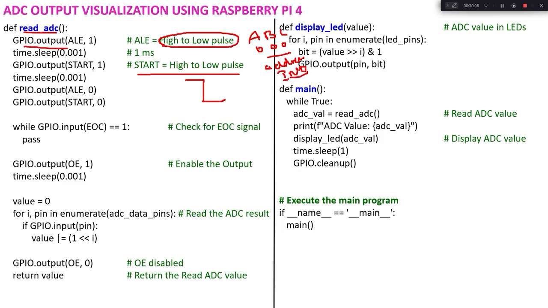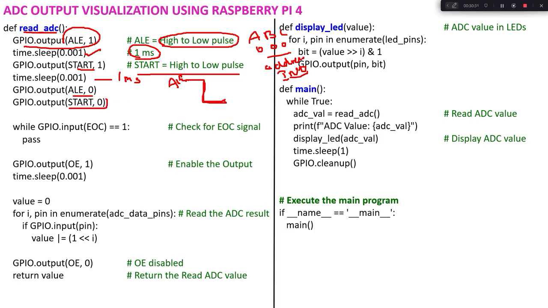So first GPIO.output ALE is set to 1 and this 1 will be retained for 1 millisecond. Then I am going to give the start signal high again and this will be retained for 1 millisecond. After this we make the ALE 0, which means I have an ALE high to low pulse.